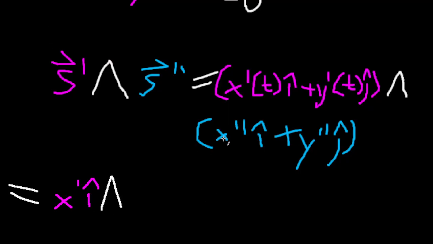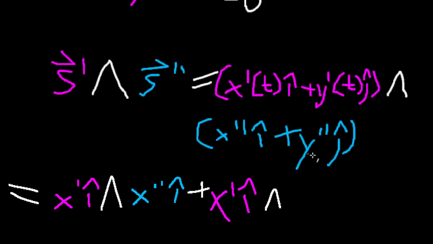So let's go ahead and wedge that. x double prime i hat, and then plus x prime i hat wedge with y prime j hat, or y double prime j hat, excuse me.